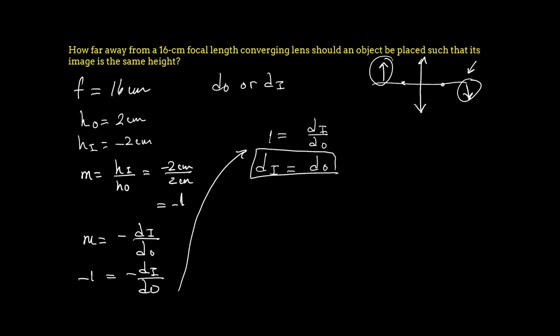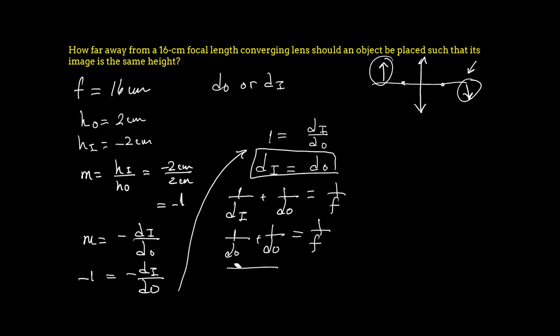Okay, so now we can use the thin lens equation. 1 over DI plus 1 over DO equals 1 over F. So DI is DO, so 1 over DO plus 1 over DO equals 1 over F. Here I get a common denominator of DO times DO, or DO squared.